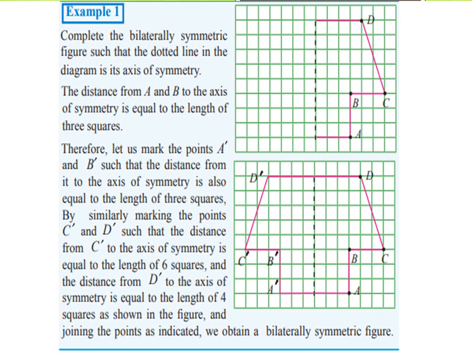And then after coming 3 squares to the right, mark the point again as B with a comma on the top, and that is the third vertex of the left side. And again coming down 3 squares, keep a point over there and name it as A with a comma on the top.